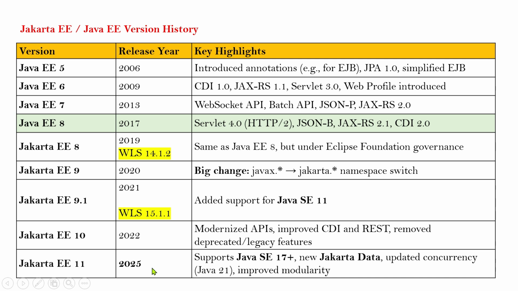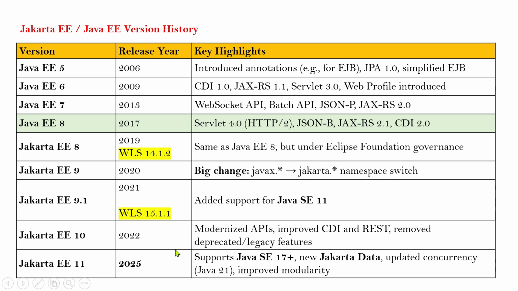And then a few months back, the latest version of Jakarta was released, which is Jakarta 11 in 2025. Okay, so what I feel here is that WebLogic is still lagging behind, specifically in terms of the Jakarta editions. Now, 9.1, which was released in 2021, is supported by WebLogic 15.1.1, and we are currently on Jakarta 11. So that means we have 10, and then we have 11, released in 2022 and 2025.